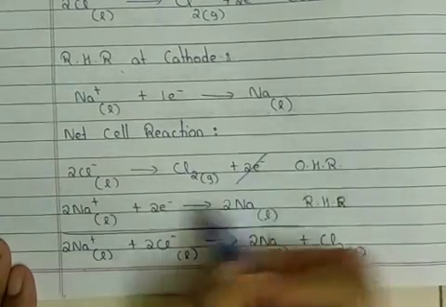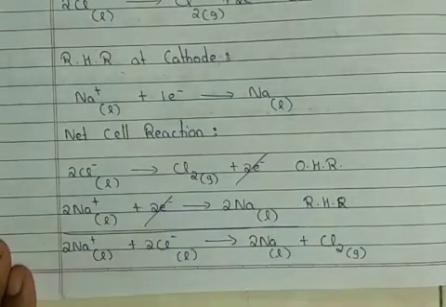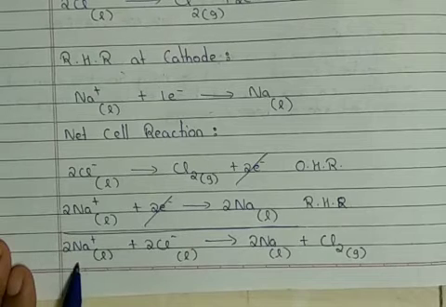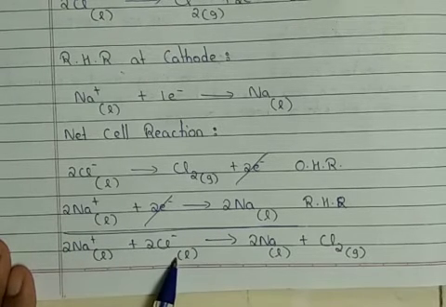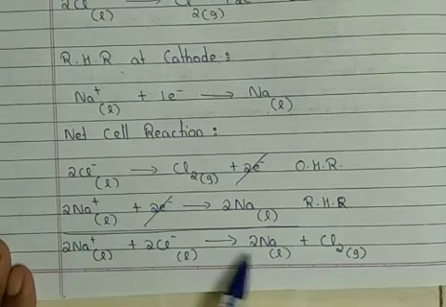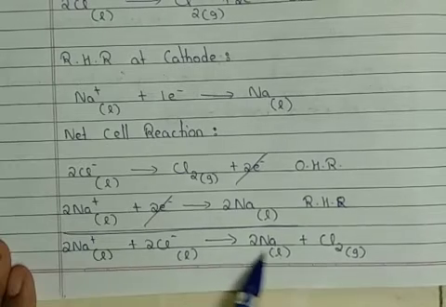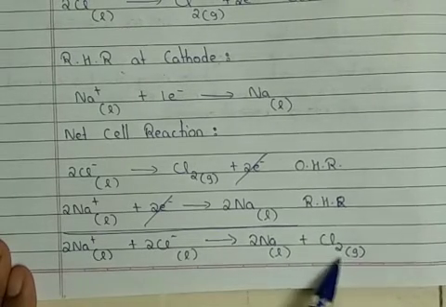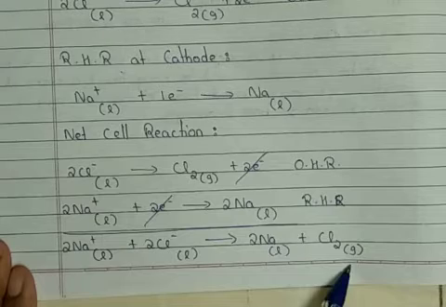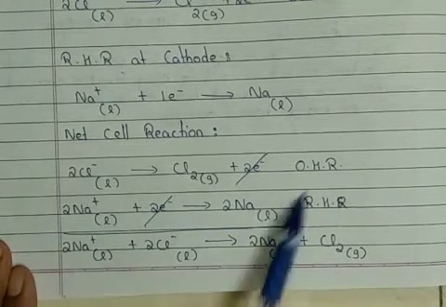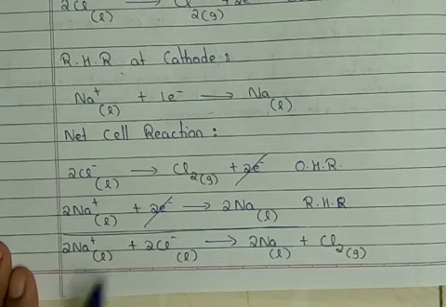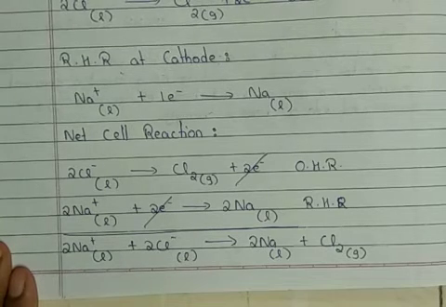In this case, it is only the 2 electrons that get cancelled. So what we end up with is 2 Na plus ions plus 2 Cl minus ions forming 2 Na, that is sodium in molten state, plus 1 molecule of chlorine, that is chlorine gas. So this is your net cell reaction in the electrolysis of molten NaCl.